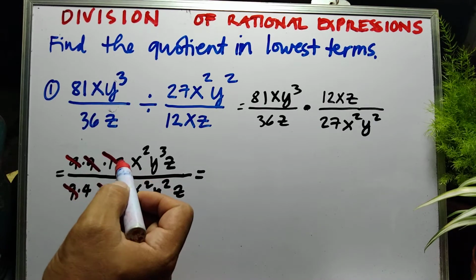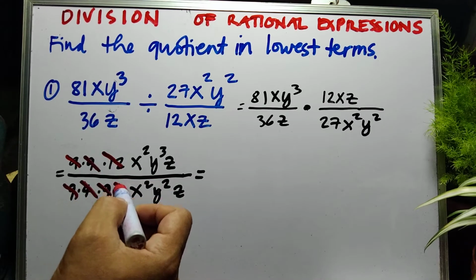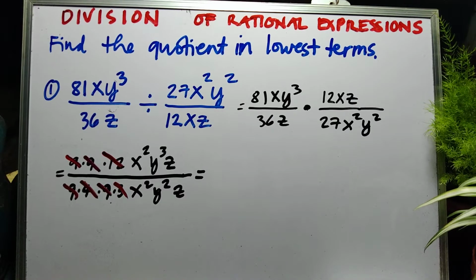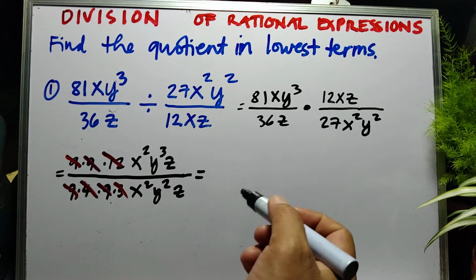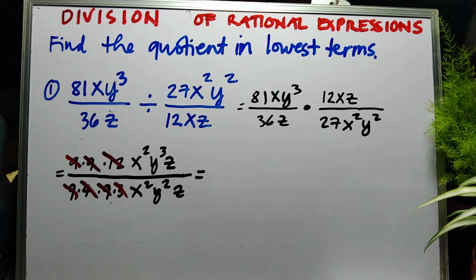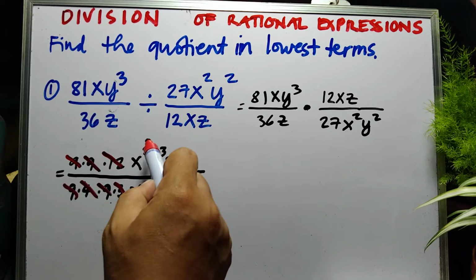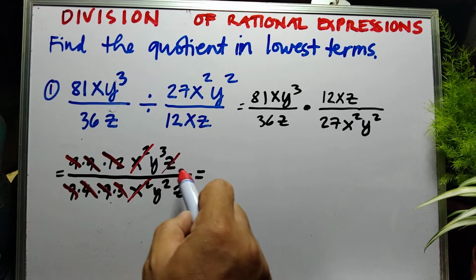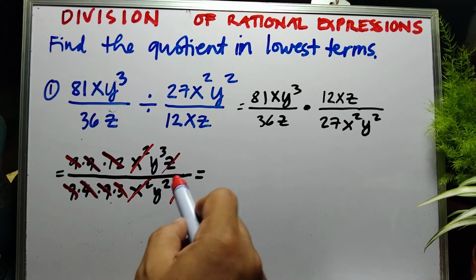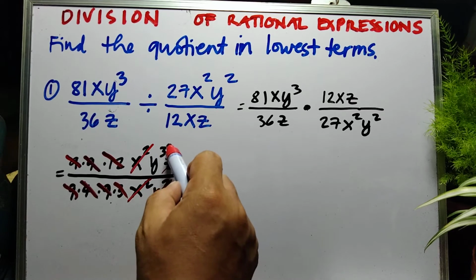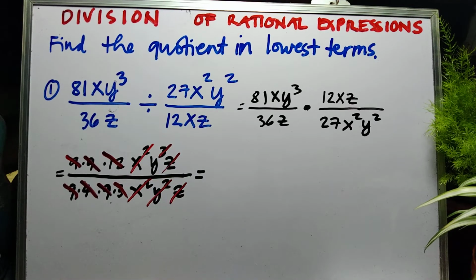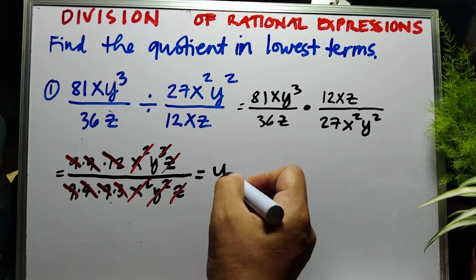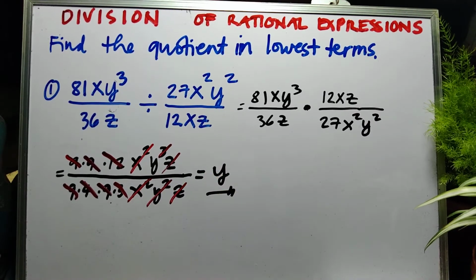So we could cancel 12. From here, we could also cancel x squared, correct? We could cancel x squared. And we could cancel z. So we could cancel y squared. What is left here? Y na lang. So what's your final answer? Your final answer would be y.